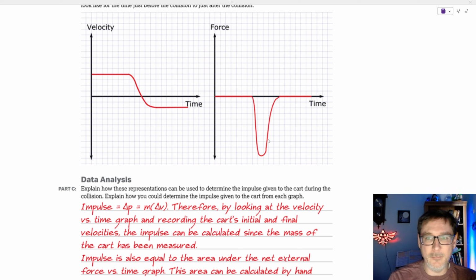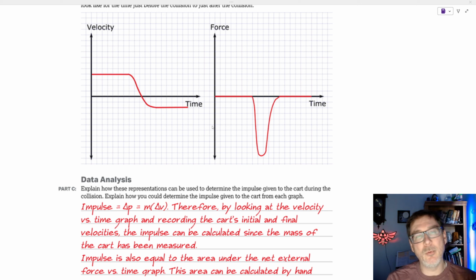It's going to be some negative force because it's pushing the cart backwards. If you want the cart to go negative, you have to push in the negative direction. The time starts when the change in velocity starts. The push time ends when the velocity stops changing.